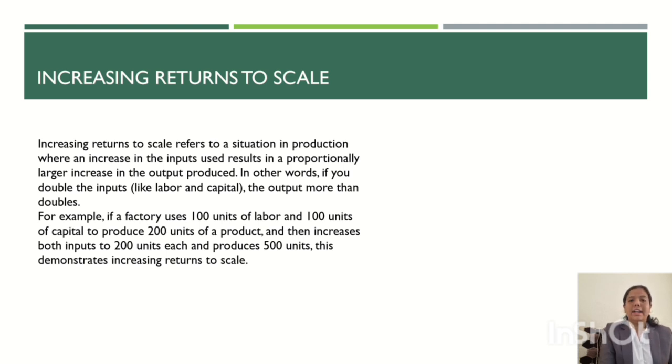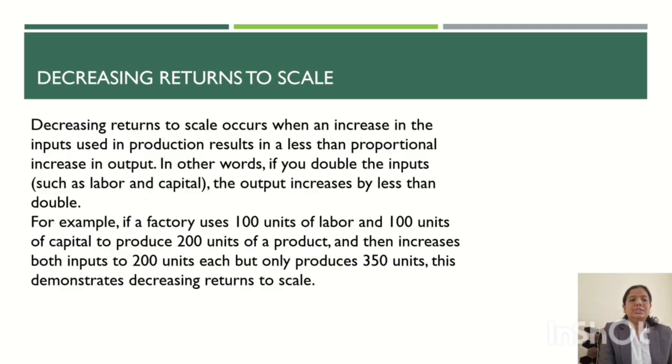So our next slide is decreasing returns to scale. Decreasing returns to scale occurs when an increase in inputs used in production results in a less than proportional increase in output.